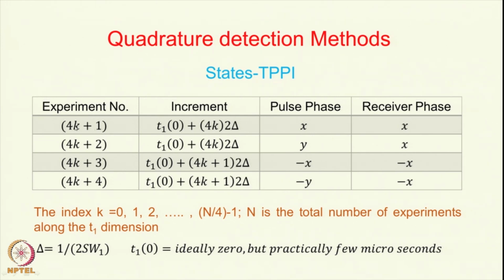If I go to k equal to 1, then I will have experiments number 5, 6, 7, 8, so accordingly you will have different experiment numbers. These other things remain the same.